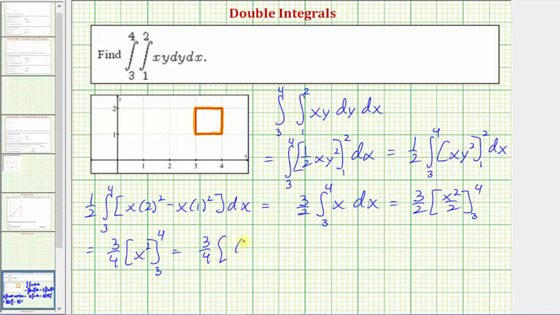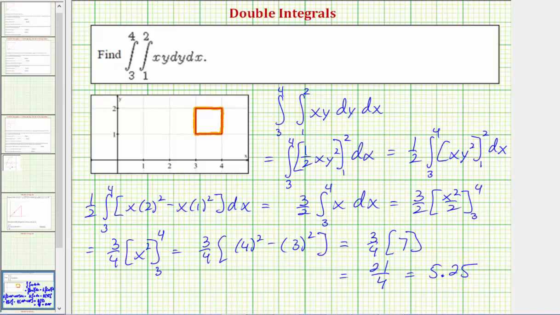So when x is 4, we have 4 squared, minus when x is 3, we have 3 squared. So we have 3/4 times, this is going to be 16 minus 9, which is 7, which gives us 21/4, or as a decimal, this would be 5.25.